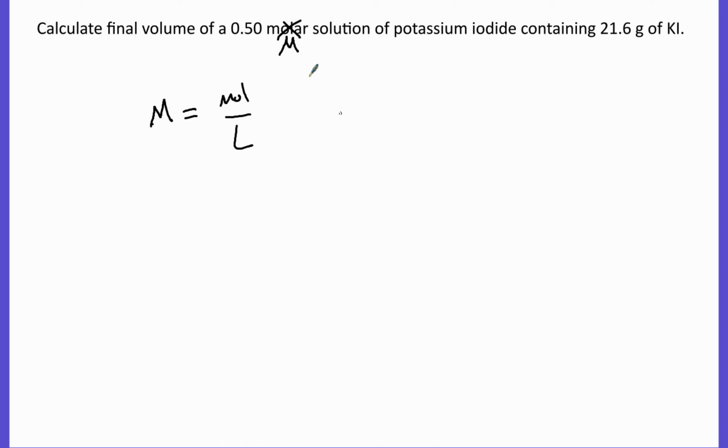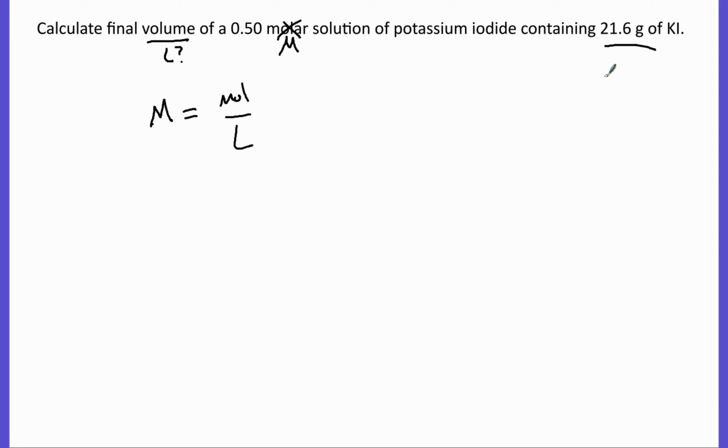So if I see that, I know that 0.50 big M, that's my concentration of my solution. Otherwise, I also need to know moles and liters. Obviously, I'm trying to come up with the liter as an answer, so that should be my X, right? But my mole amount is going to come from my grams given over here.